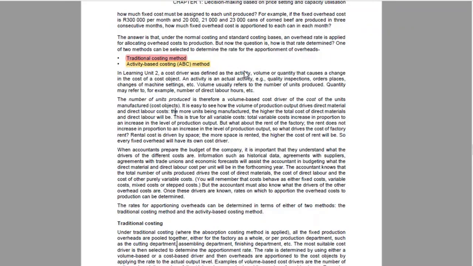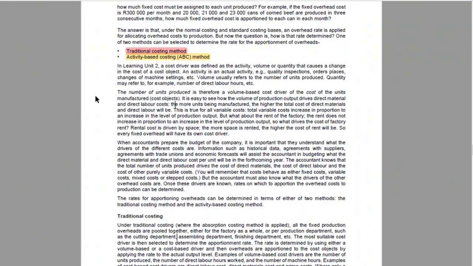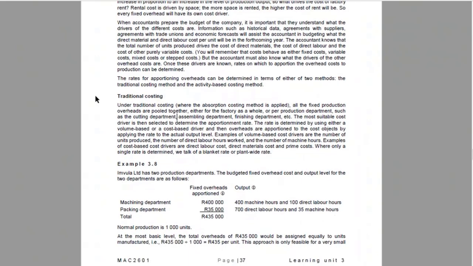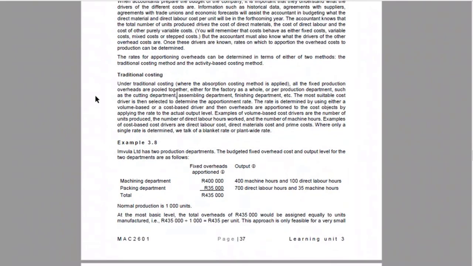Do you guys see the difference between the traditional costing method versus ABC? ABC looks at the cost driver, what actually drives the cost, while traditional just looks at the number of units that are produced. They use an umbrella method. They don't look at what actually drives the cost. So these things could vary. It's departments, it's assembly.